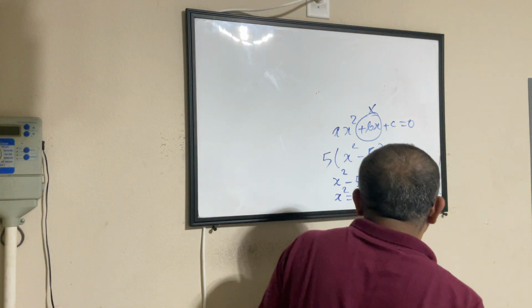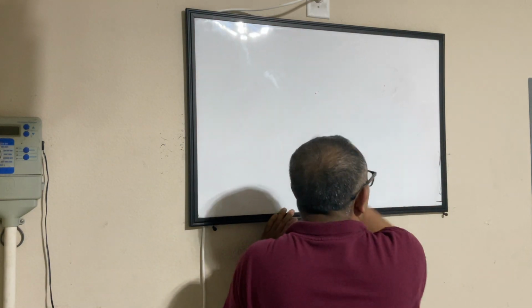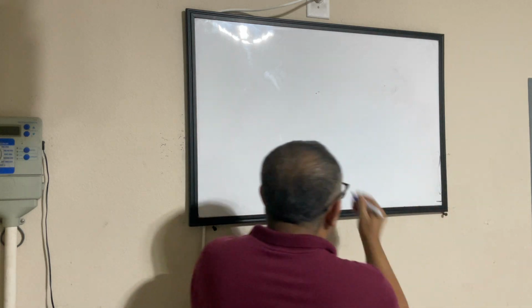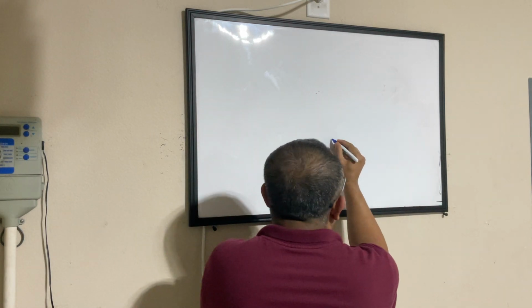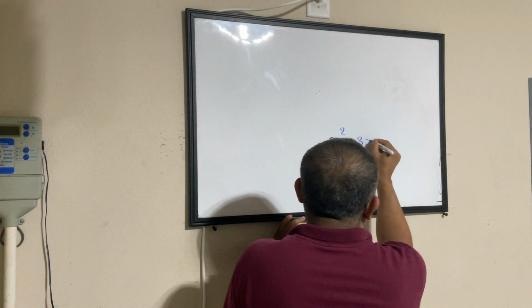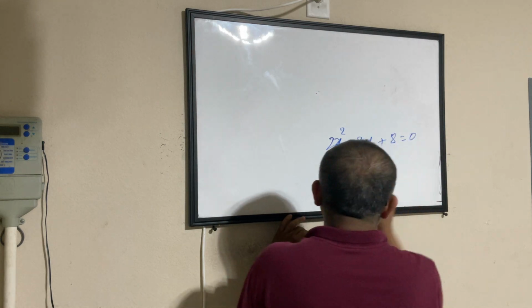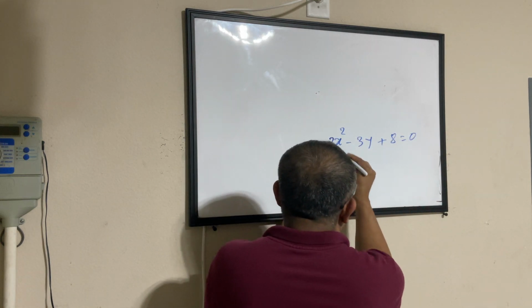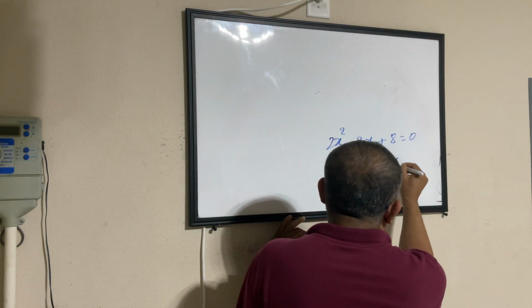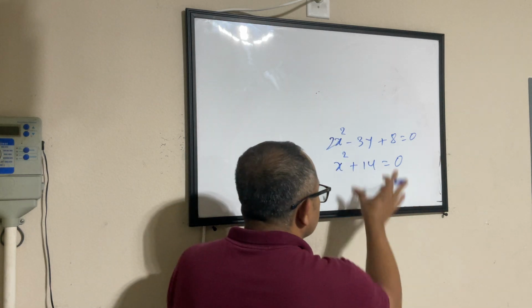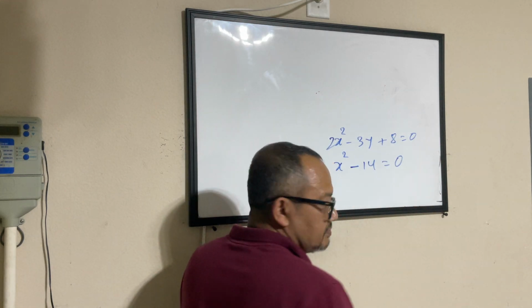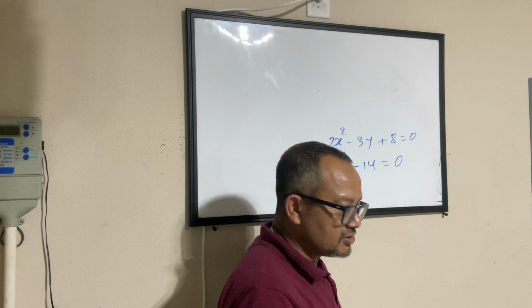Because see what will happen is, if you ever had to solve, let's say, a quadratic equation 2x squared minus 3x plus 8 equals 0 versus x squared minus 14 equals 0.